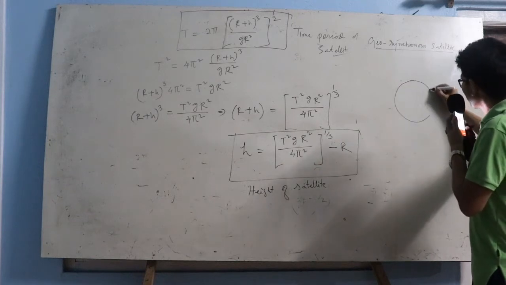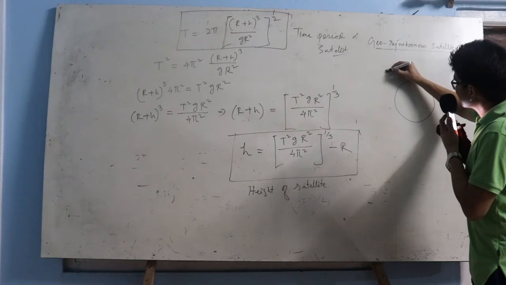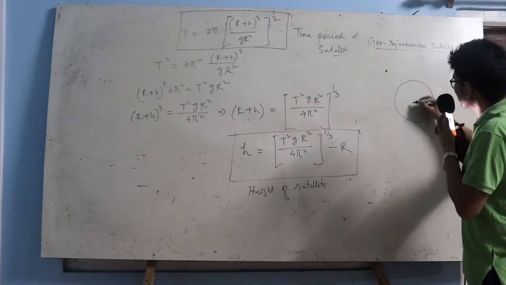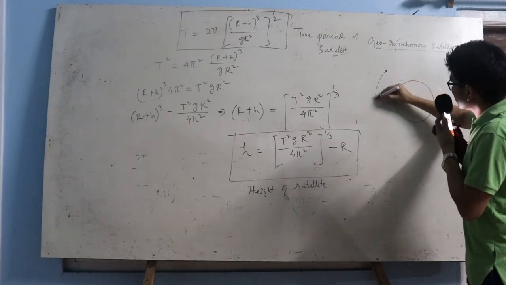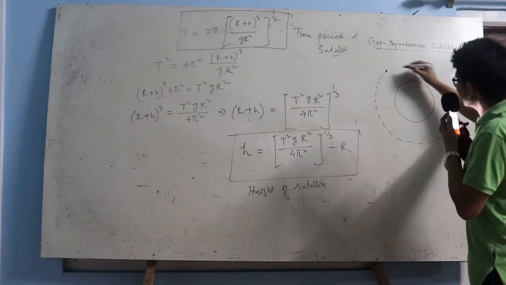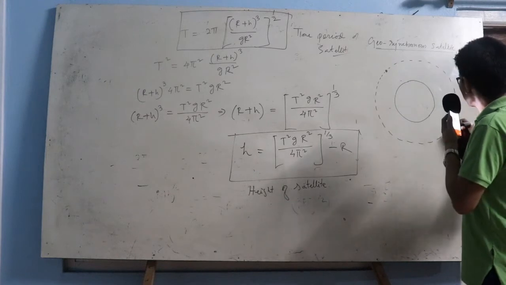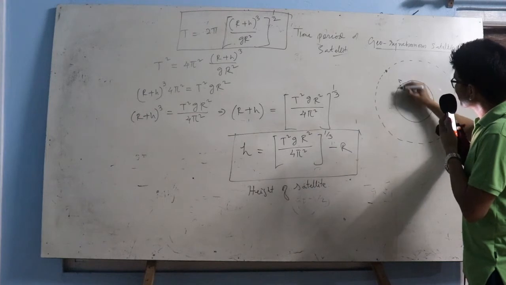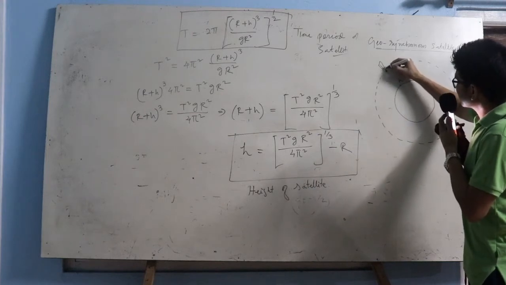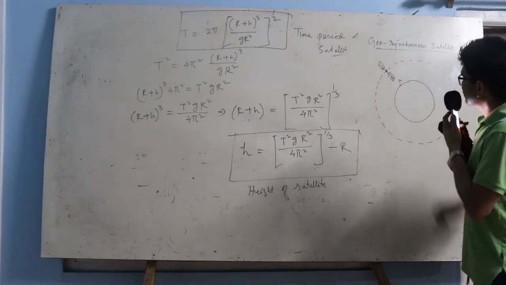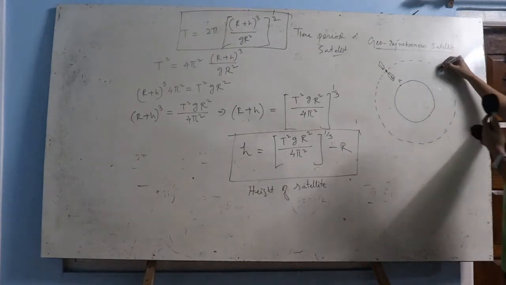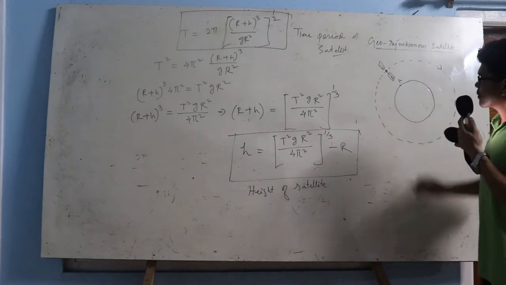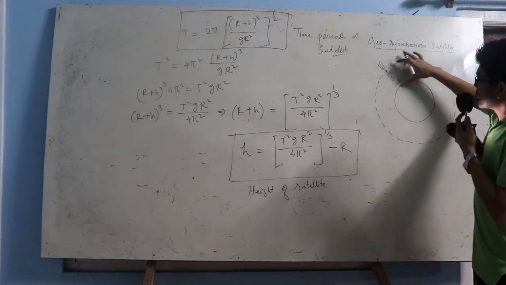what happens is the satellite will move together with Earth. Suppose this is Earth, this is the orbit of the satellite, and I select a point on the Earth, let us say A, and here is the satellite. Whenever Earth rotates about its axis, the satellite also will rotate in the same sense.